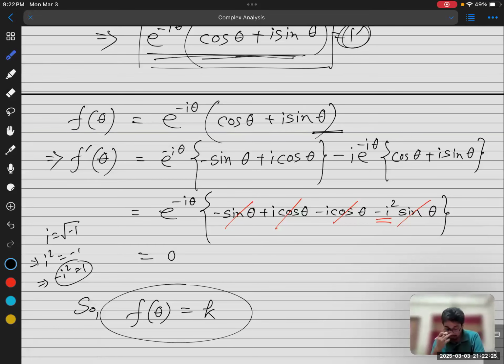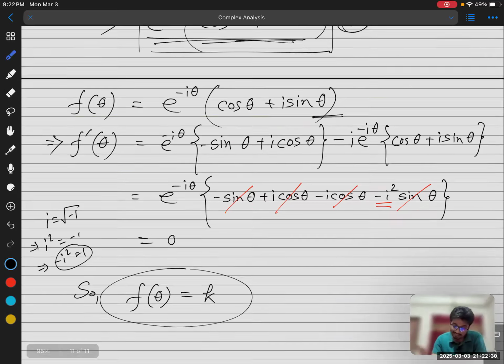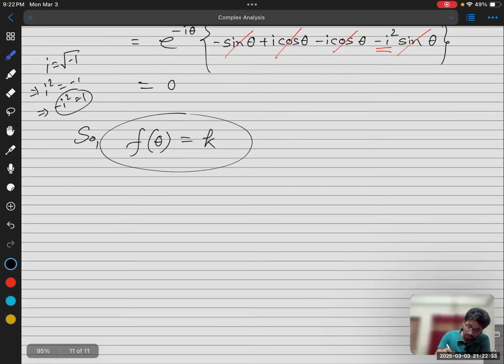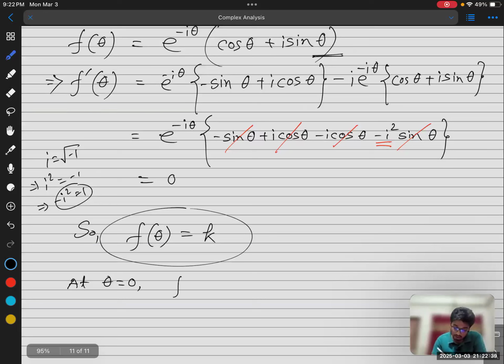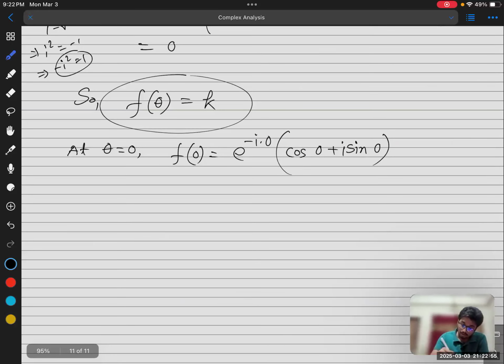Then at θ equal to 0, what do we get? f(0) is equal to e^(-i times 0) times (cos 0 + i sin 0). So this will cancel out. Eventually from here we get 1, and from here we also get 1. So our value of f(0) is going to be 1.